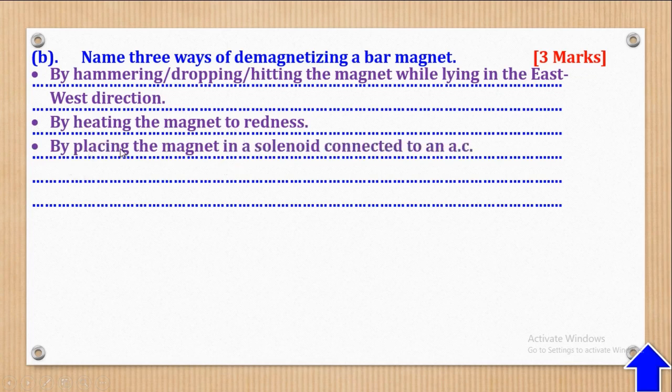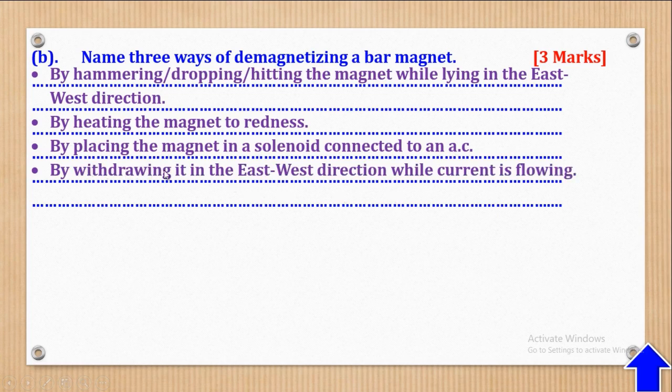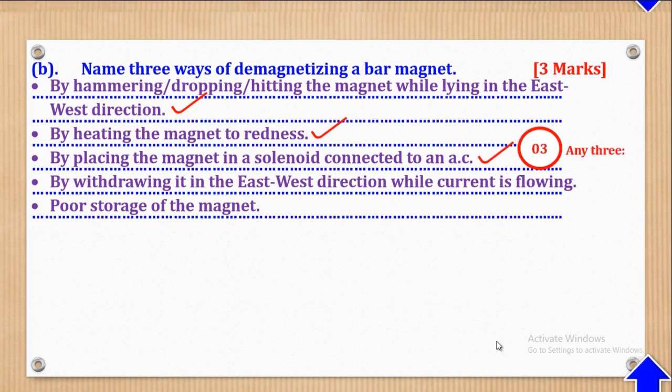Another one is by placing the magnet in a solenoid connected to an AC, alternating current. Another one is by withdrawing the magnet in the east-west direction while current is flowing. And lastly, poor storage of the magnet can also make it lose its magnetism. So basically that's what they wanted, and any 3 of these you get yourself the 3 marks.